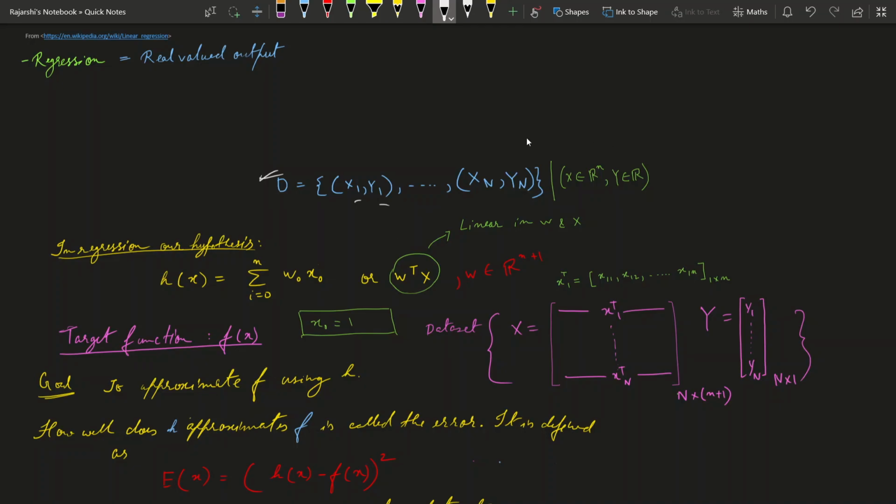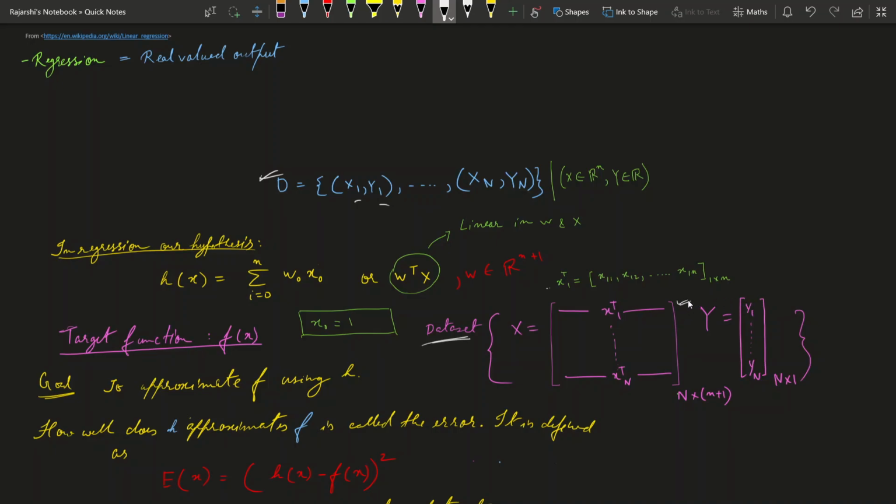So x can be represented as a vector, x1 transpose, and this is how the entire dataset looks in vectorized format. First, this is one single point.